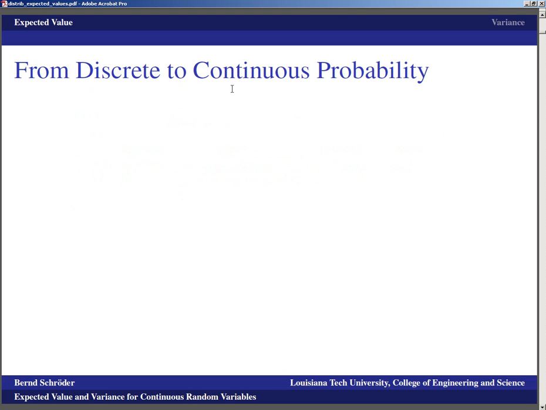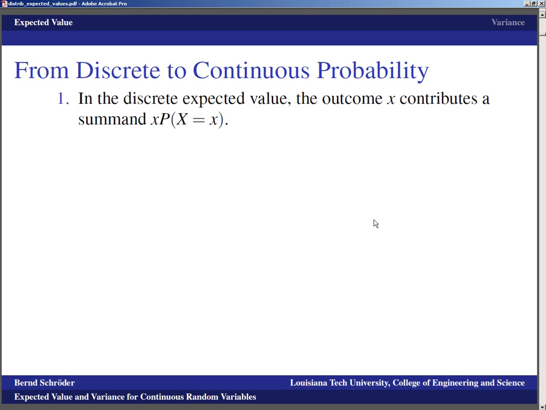So how do we go from discrete to continuous probability for the expected value? Well, in the discrete expected value, the outcome x contributes a summand x times the probability that our outcome is equal to lowercase x.